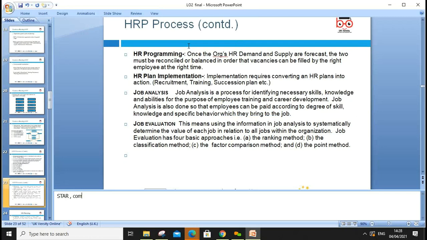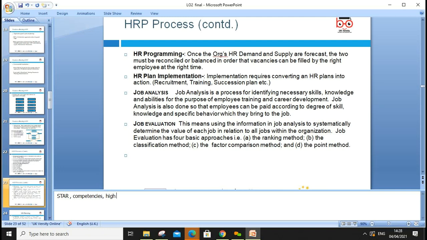You should identify the competencies of each role, then measure the competencies and recruit the right person; the degree alone is not the criterion. Job evaluation means using the information in the job analysis to systematically determine the value of each job in relation to all the jobs within the organization.